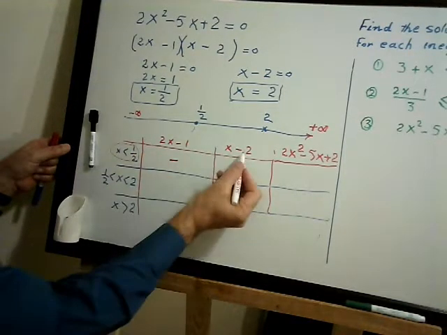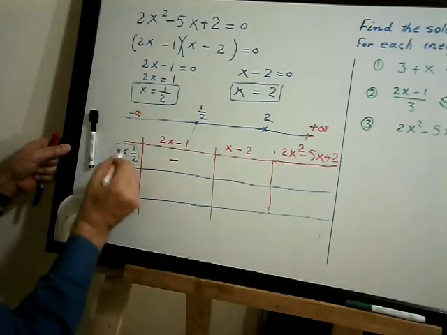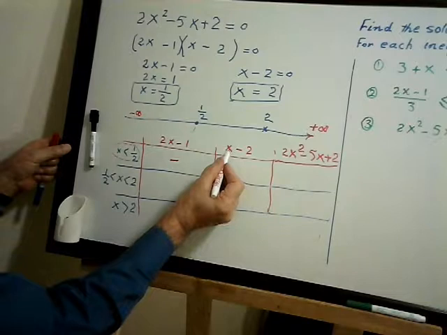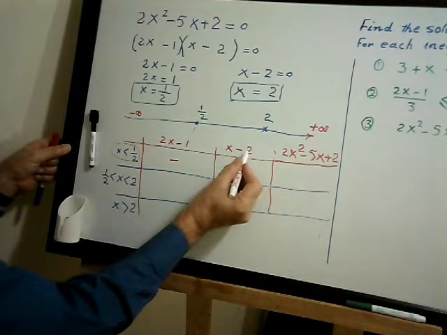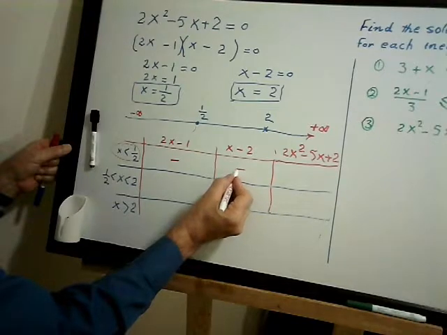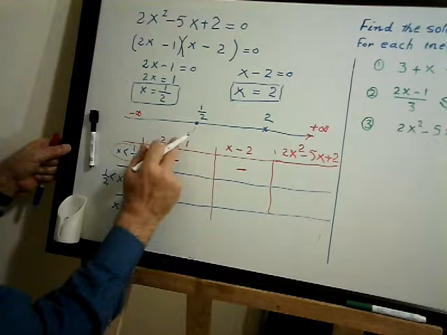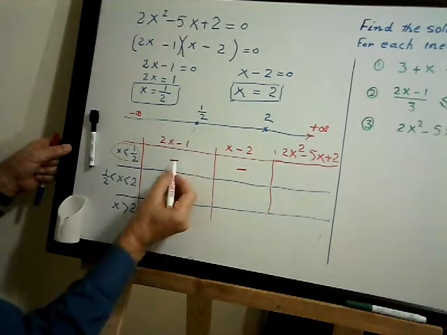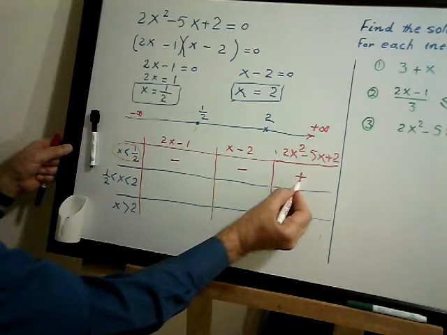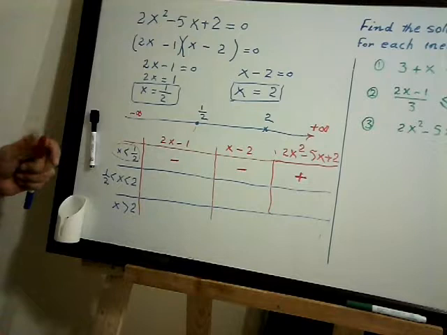Also in the other factor, by putting 0 for x, 0 minus 2 means minus 2, which is also negative. Multiplying those together, negative by negative gives positive.